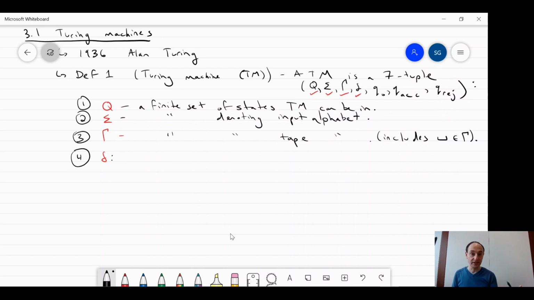What does delta take in? To decide what to do, think about this for a second. The machine wants to think about its current situation and make a decision as to what to do next. In order to do that, it needs two things. It's going to read its current state, so that what it does next depends on its current state. And it's going to read what's under the head.